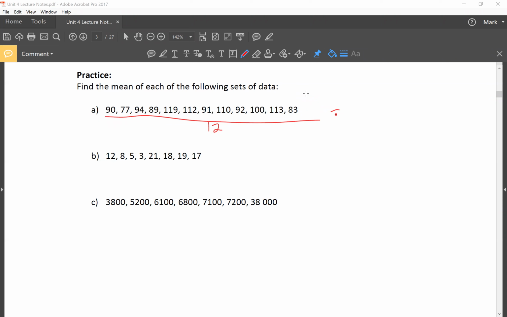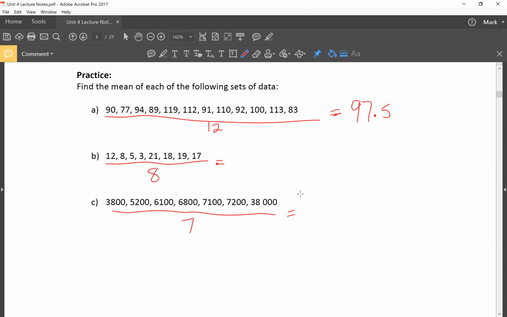People are saying 97.5. That looks good. Okay, what about in B? You would add up all these together. You would divide it by 1, 2, 3, 4, 5, 6, 7, 8. For C, you would add all these up together and you would divide it by 1, 2, 3, 4, 5, 6, 7. And you would get your answers.